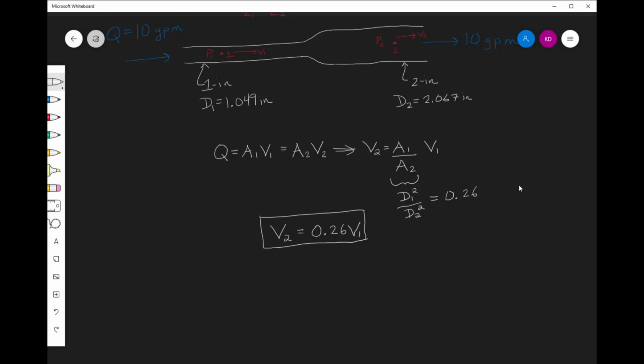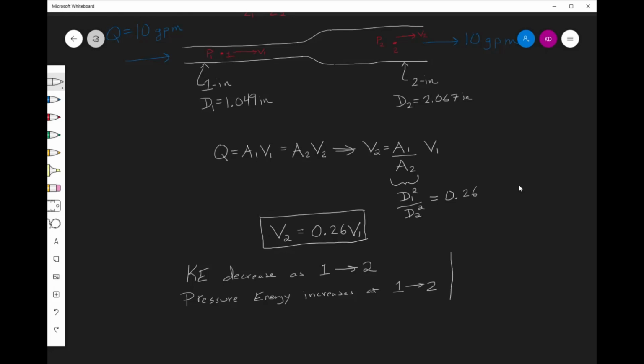So what we see is that the kinetic energy decreases as we go from 1 to 2. However, the pressure energy increases as we go from 1 to 2.